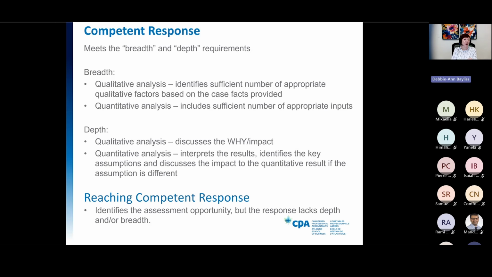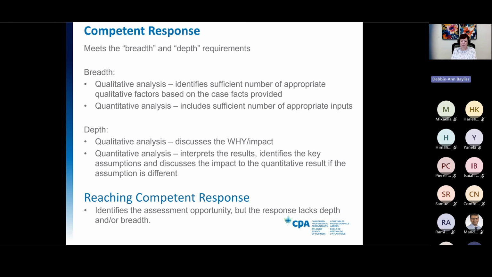So there are some fundamental principles. The more qualitative factors they give, the more that they expect. You don't need to extract all of the qualitative factors to achieve a competent. When it comes to depth, from a qualitative perspective, that's answering the question, so what? Discussing the why and the impact.